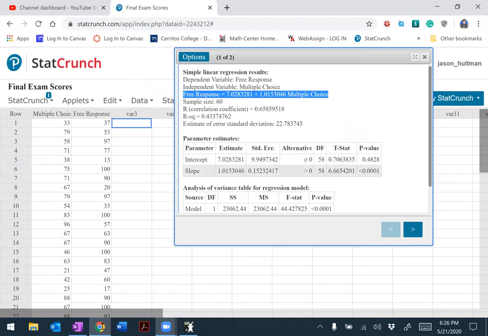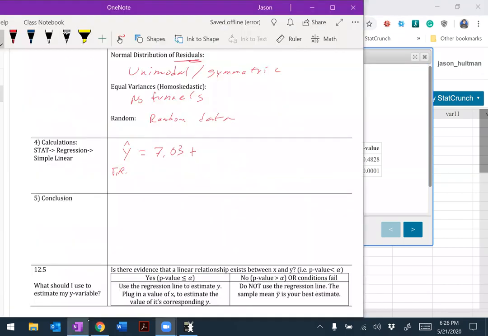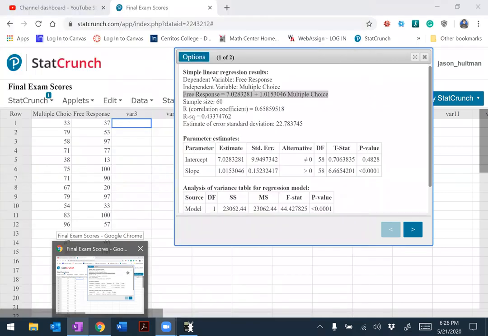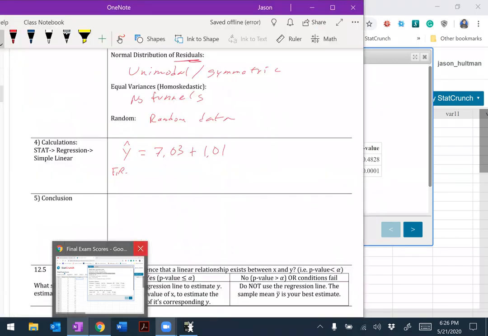It's almost like how you have a one-to-one correlation there, which is kind of nice. Slope is 1.01. For every point that I got right in the multiple choice is a point that I would get right on the free response. So that's kind of cool. We took that kind of shotgun blast data and we actually created a nice linear regression.